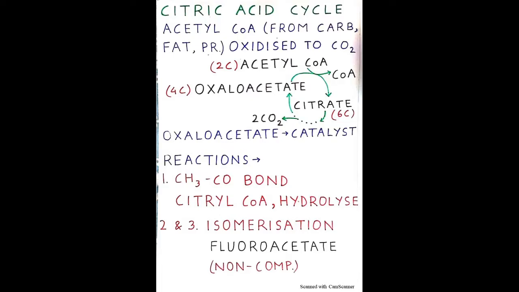However, acetyl CoA from breakdown of carbohydrate, fat and protein is oxidized to carbon dioxide. 2 carbons of acetyl CoA combine with 4 carbons of oxaloacetate and become citrate in the first reaction of Krebs cycle.